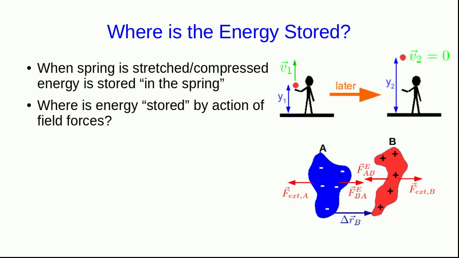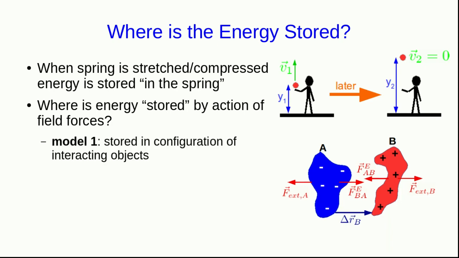However, where is energy stored by the action of field forces, like the gravitational force when you throw a ball up in the air, or the electrical forces when we pull two oppositely charged objects apart? One perspective is that it's stored in the configuration of the interacting objects. As we move them in both of these cases, we give more room for the field force to act over to do work on these objects.